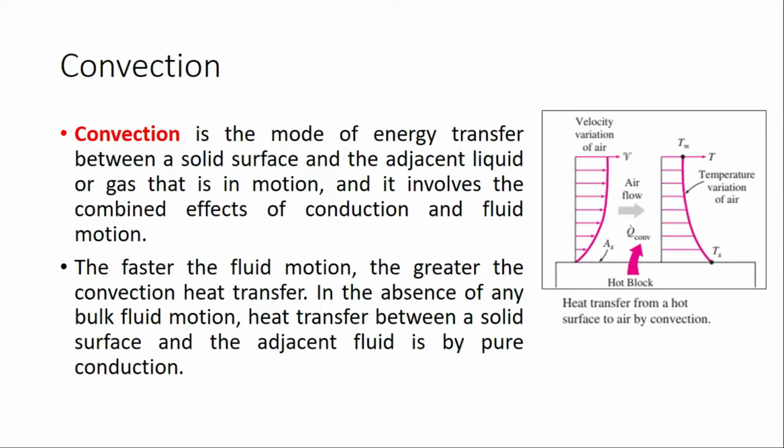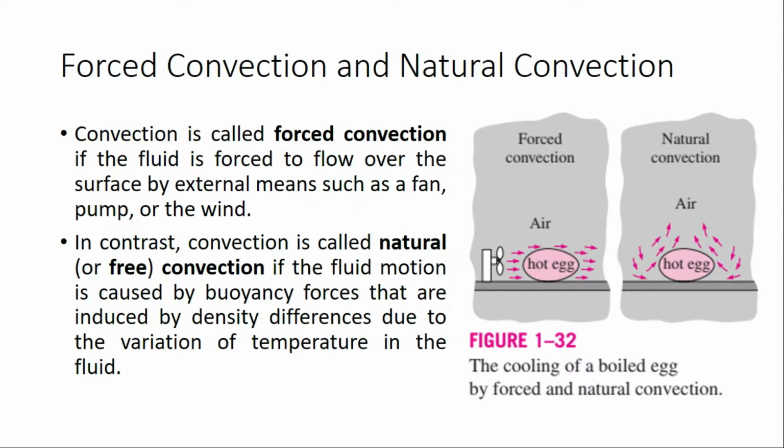As you can see, the velocity near the block is near zero and the velocity of the air away from the surface is very high. Similarly, the temperature near the block is higher and the temperature of the air away from the surface is lower.